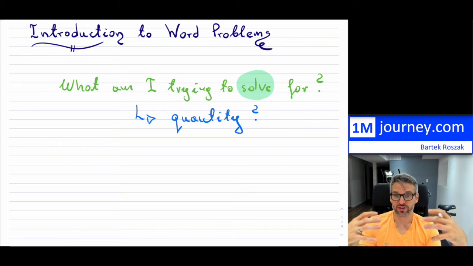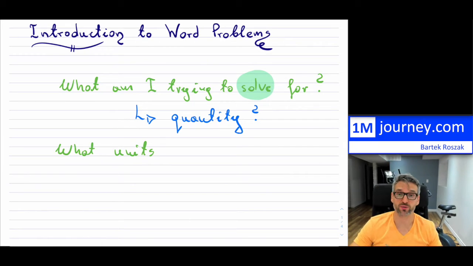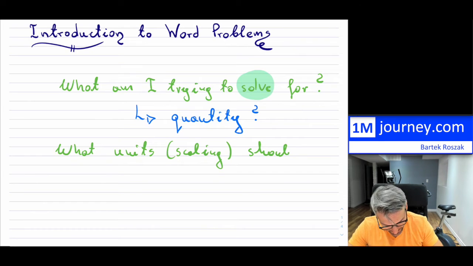So now the question is, I know what I'm solving for, maybe distance, and now what units am I going to use? What measuring units will I have? What scale will I be using? That scale is basically units. So the second question that you should be asking yourself is, what units, these are measuring units, or what scaling, should I use in this particular question?